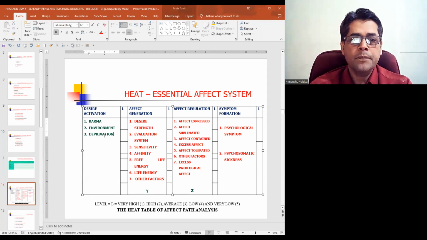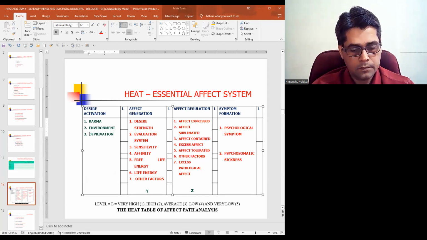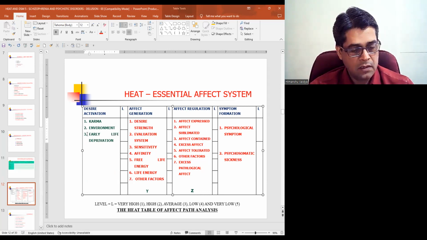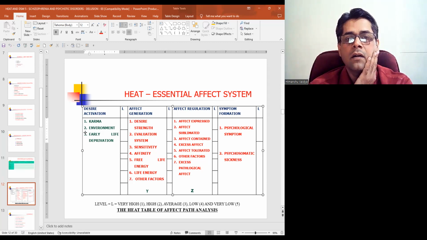So these three are the causes for generating affect, a huge amount of affect.